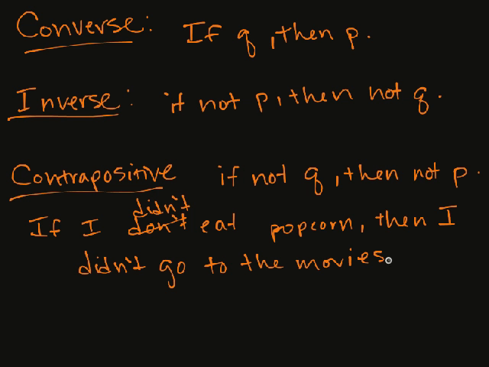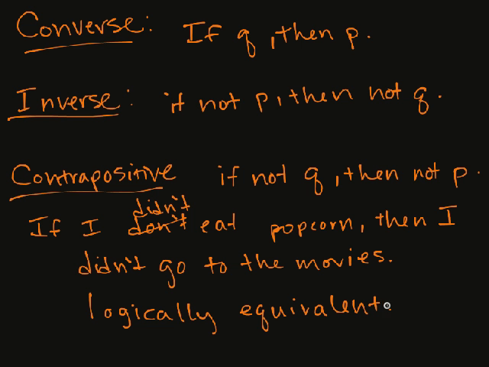And this is where the English language gets a little bit tricky, trying to figure out those things like don't and didn't. But is this equivalent to the original? I said, if I go to the movies, I eat popcorn. Every time I go to the movies, I eat popcorn. So if I tell you I didn't eat popcorn yesterday, then you can conclude that I did not go to the movies yesterday. So this is logically equivalent to the original.